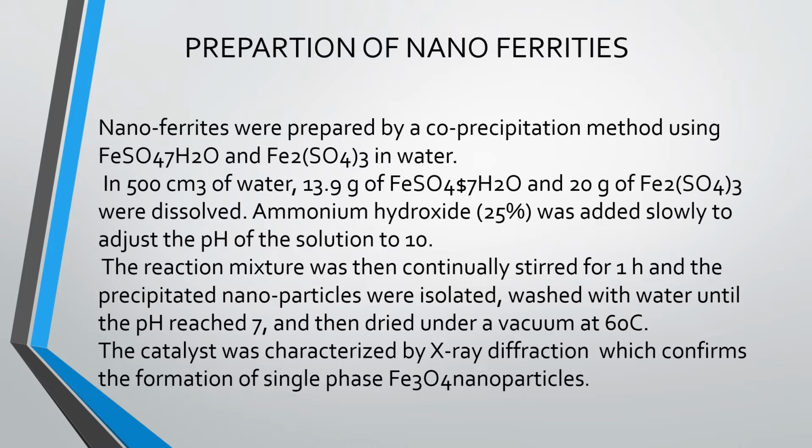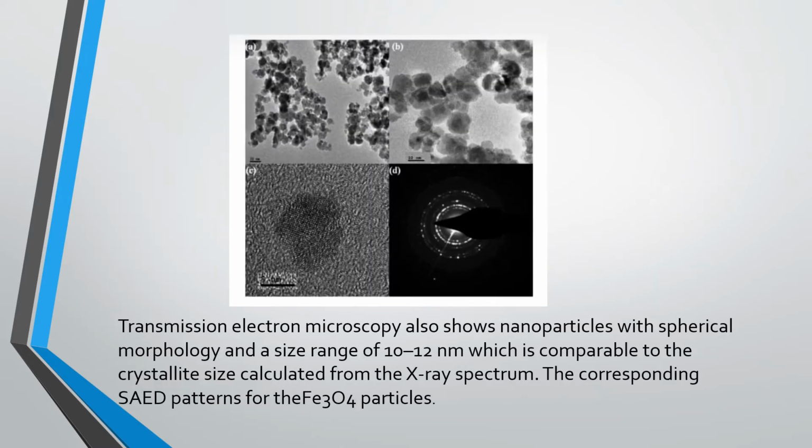The catalysts were characterized by X-ray diffraction, which confirms the formation of single-phase Fe3O4 nanoparticles. Here is a picture which shows the transmission electron microscopy, popularly known as TEM, image of Fe3O4.